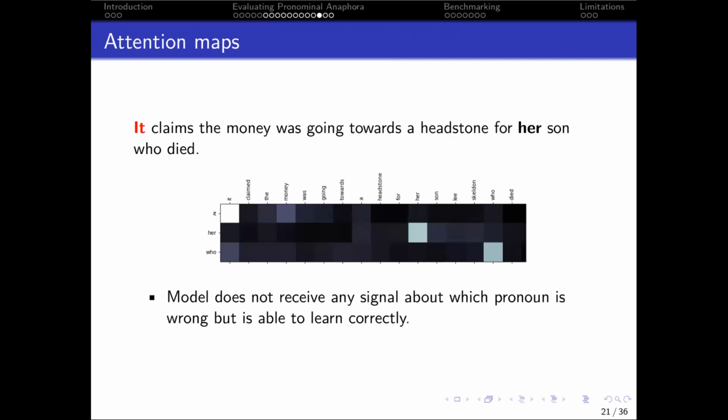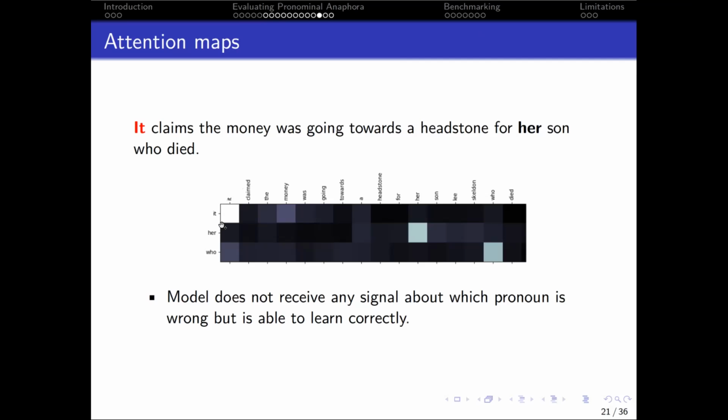We then looked at the attention maps to see where the model was likely looking when it was producing the score. So here's an example. We have a clear case of an error here where it claims the money was going towards a headstone for her son who died. So it should have been she claims. And we see that the model does seem to be looking primarily at it.